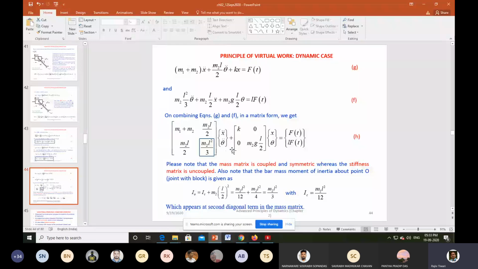At present, we are not solving this differential equation. The aim of this particular chapter will be to derive the equation of motion using the virtual work principle or Hamilton's principle or Lagrange's equation. In the later chapters, we'll solve them. But at present, our aim will be to obtain the equation of motion for a 2 degree of freedom system or 3 degree of freedom system.